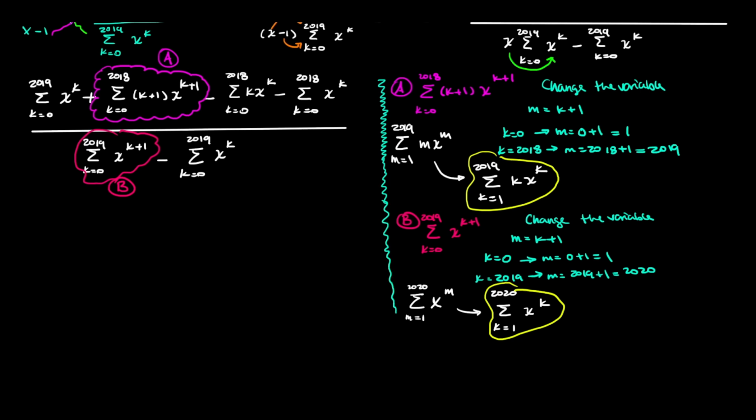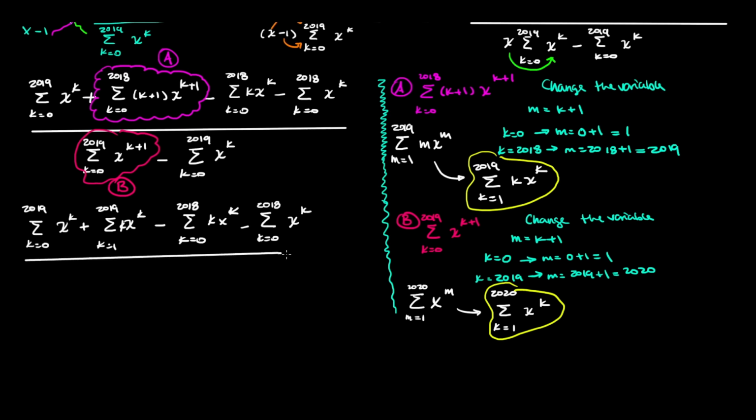So we can continue working on the fractions. So we have summation from k equals 0 to 2019 of x to the k. The new expression for a would be summation from k equals 1 to 2019 of k x to the k, then minus summation from k equals 0 to 2018 of k x to the k, minus summation from k equals 0 to 2018 of x to the k.